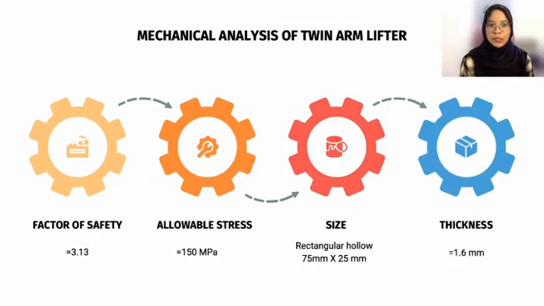For mechanical analysis of the twin arm lifter, we calculate the safety factor and its allowable stress. By using a rectangular hollow section of 75 times 25 mm with a thickness of 4 mm, the actual design factor increased from 3 to 3.13.